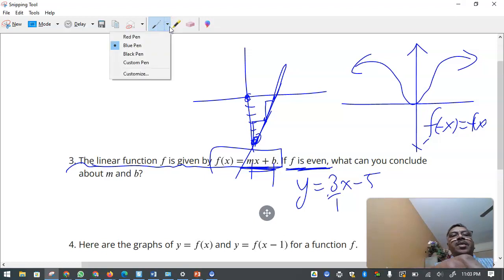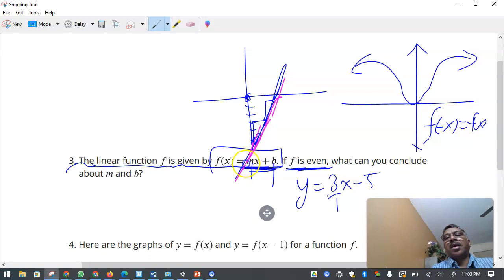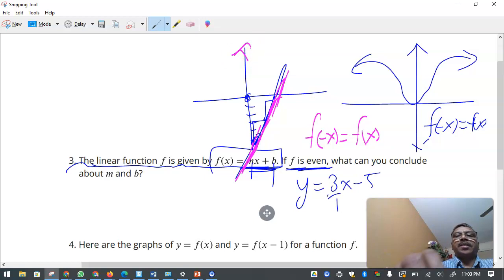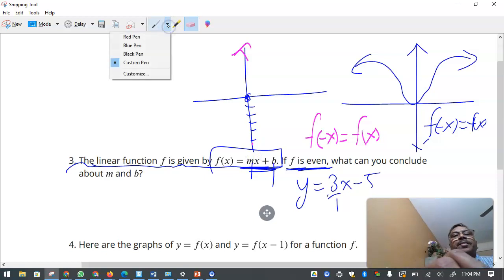For this to be true, you want f of minus x equals f of x. So if you reflect this line over the y-axis, it will go this way, so it will never coincide. So the only option is to take slope equals 0.